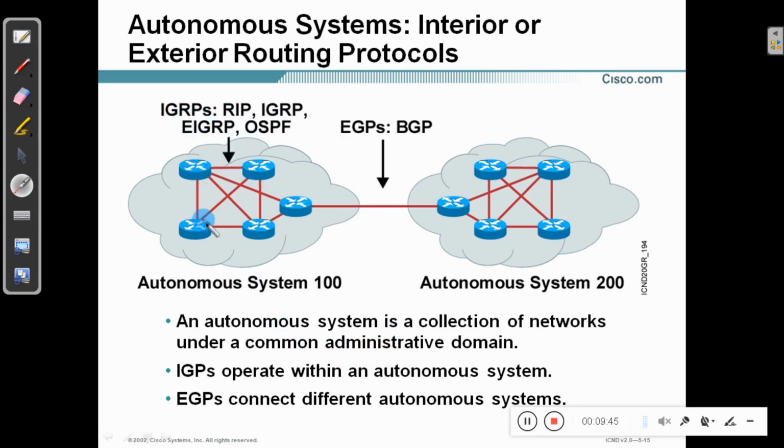These protocols run inside the autonomous system, and the protocol which connects the autonomous systems is called Exterior Gateway Protocol. So examples for IGP are RIP, IGRP, EIGRP and OSPF. Example for EGP is BGP.